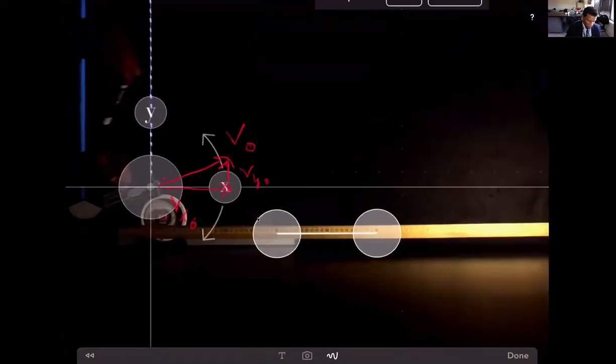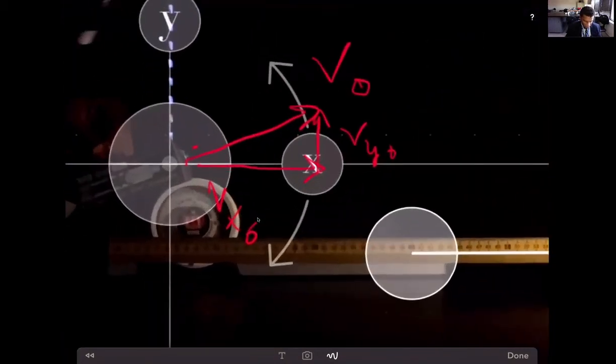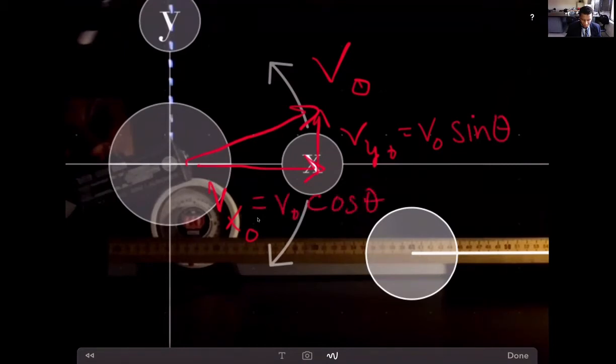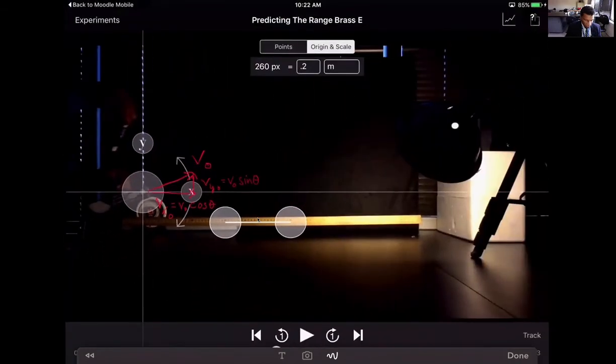We know that this is just the initial velocity times sine of the launch angle, and this is just the initial velocity times cosine of the launch angle. So this position right here is our X initial and our Y initial.